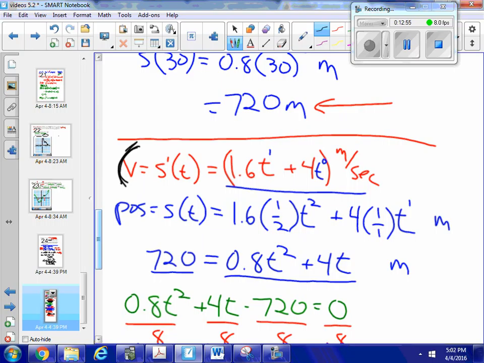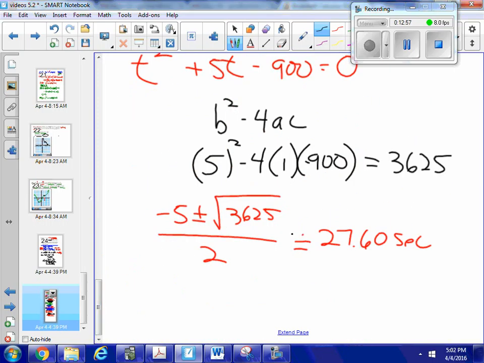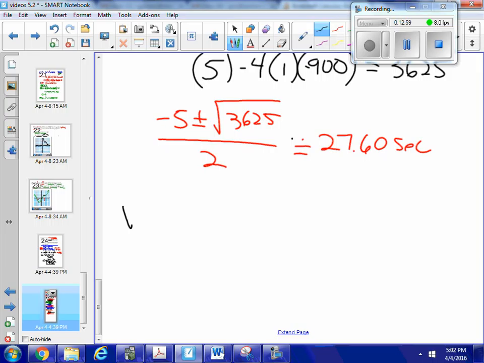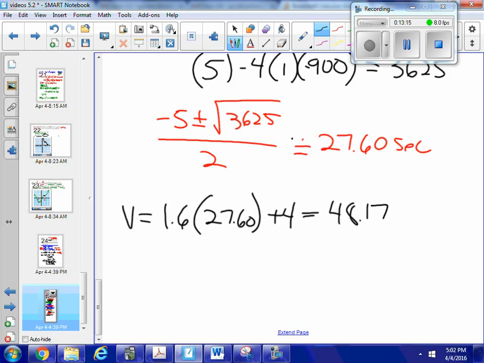So velocity equals 1.6 times the time, which was 27.60, plus 4 equals 48.17 meters per second. So it takes 27.6 seconds to get to the bottom, and at the bottom it is going at 48.17 meters per second.